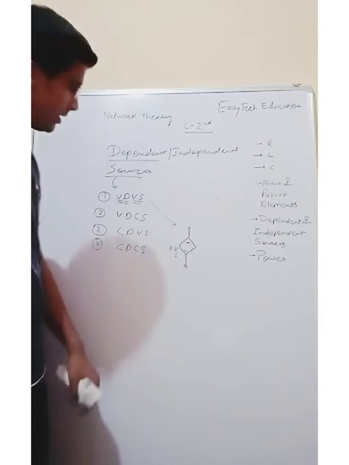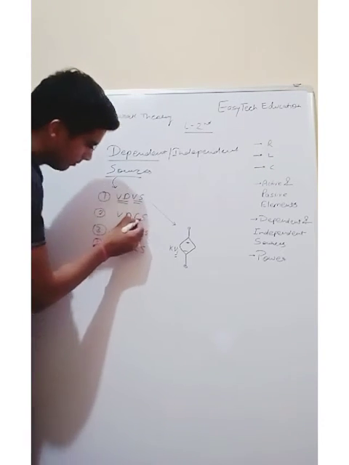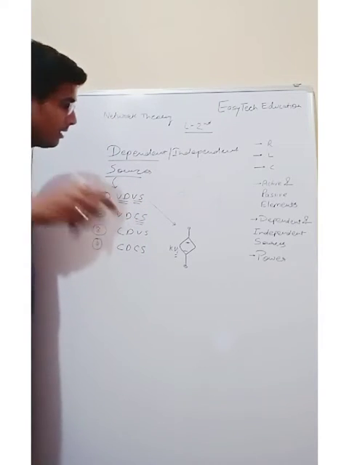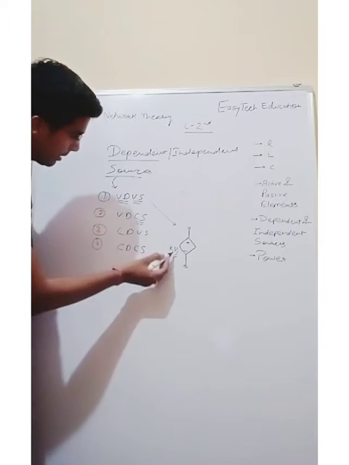Now how do we recognize whether the source is a voltage dependent current source? The last term is the current source, so it should be shown like this, and the values are dependent like this.